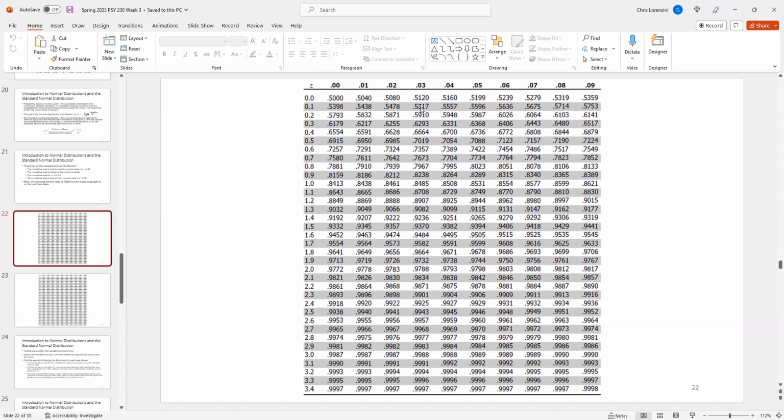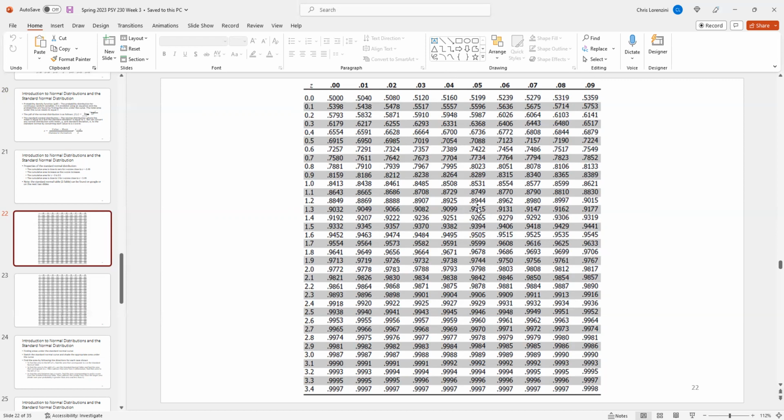That is how I would figure out what that little decimal value is. So that's how I determine which little part in this chart I should look at based on a Z score that I have.